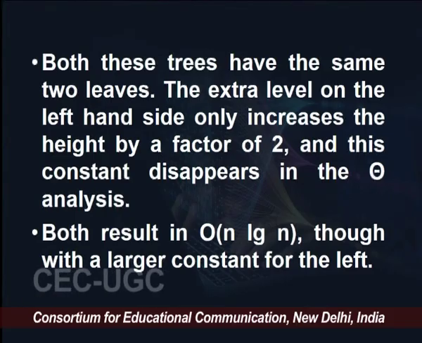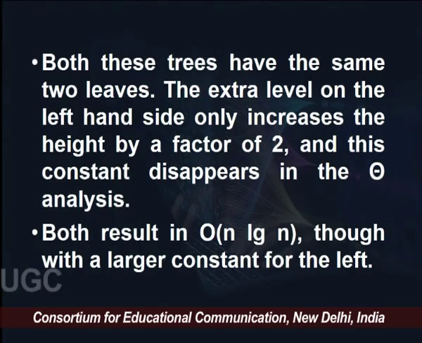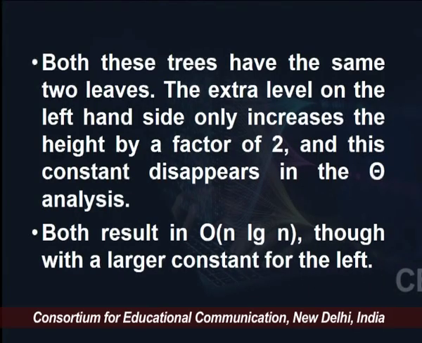Both these trees result in order n log n, though with a larger constant for the left. Ultimately it is going to be n log n for both, but for the left, which has a mix of best and worst case, the constant could be a little larger, but it will result in theta n log n.